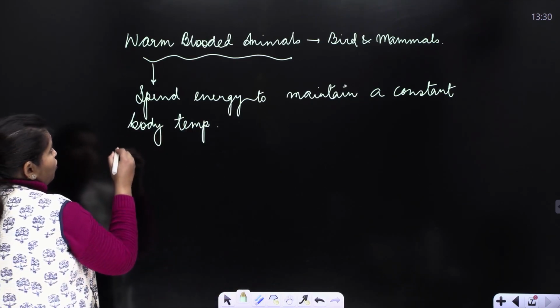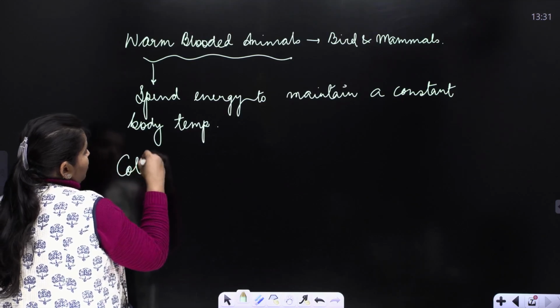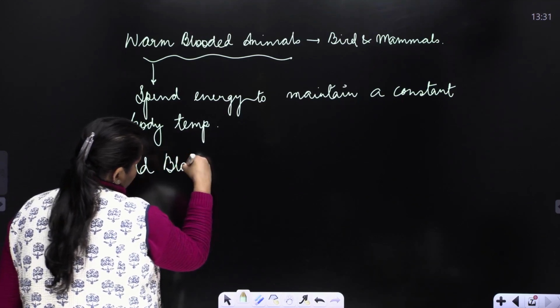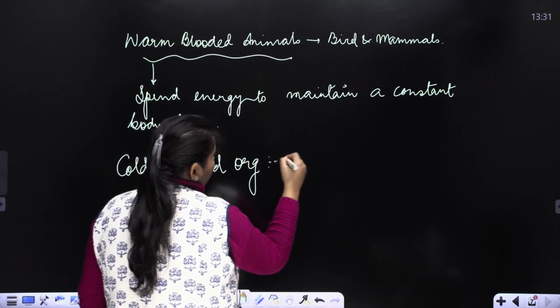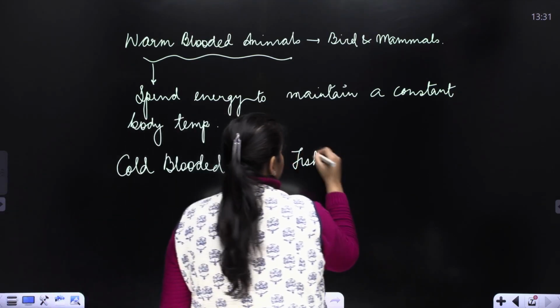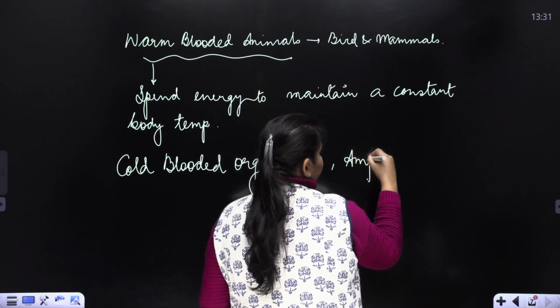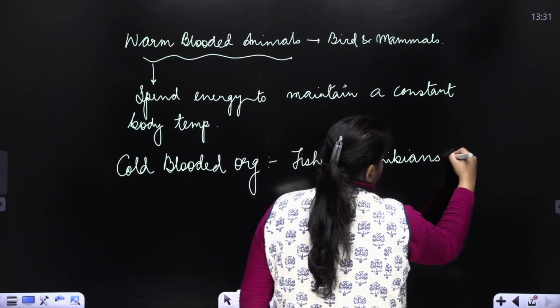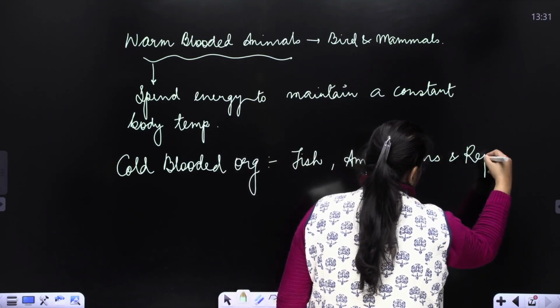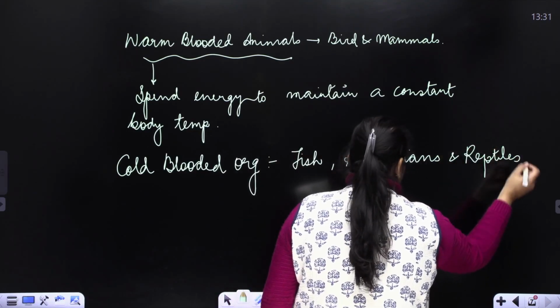Whereas in the case of cold-blooded organisms, which include fish, amphibians, and reptiles, what are they doing?